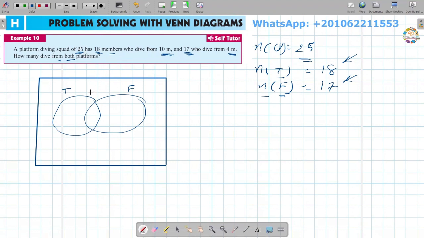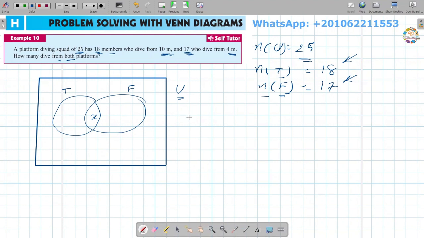The whole members should be in the T set or F set. Overall we have 25, but we need to know the intersection between them. We don't know the intersection, so let me represent it by X.